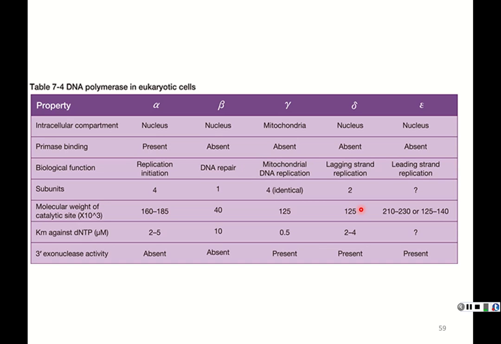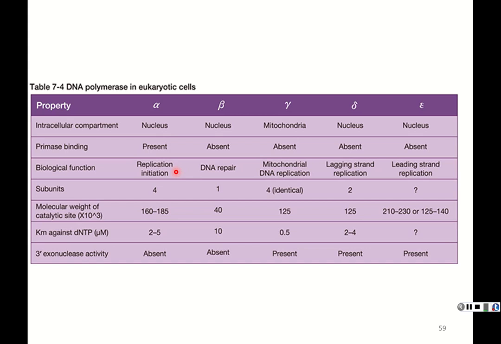If we look at some of the polymerases in eukaryotic cells, they're shown here. Alpha and beta are both nuclear polymerases. Gamma's mitochondrial. The delta and epsilon are also in the nucleus. If you look through this in a little bit more detail, the alpha is the one for replication initiation.